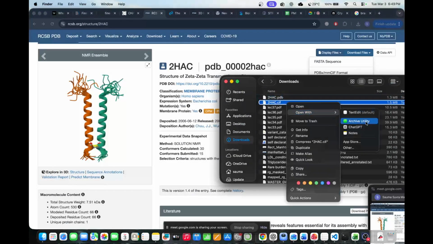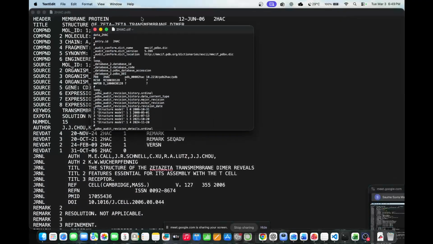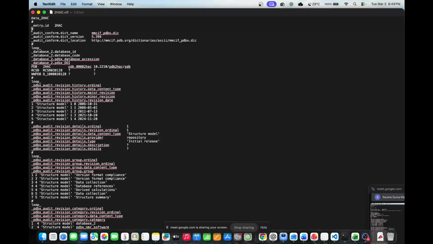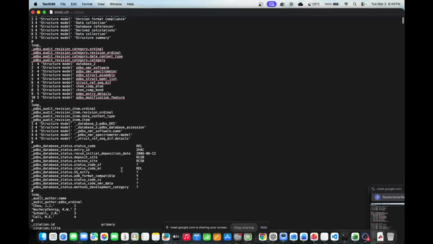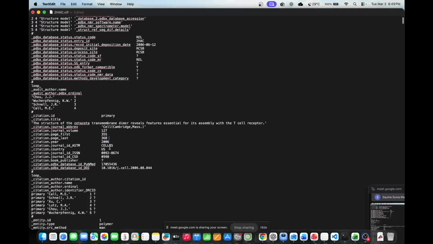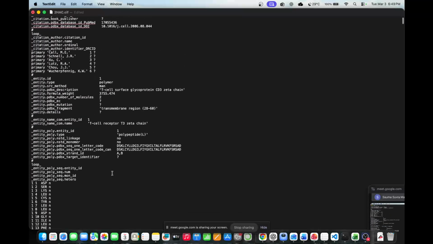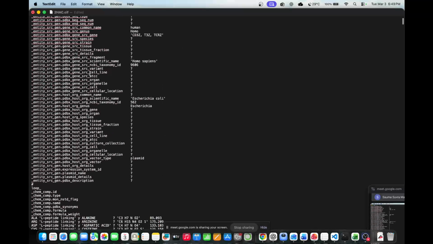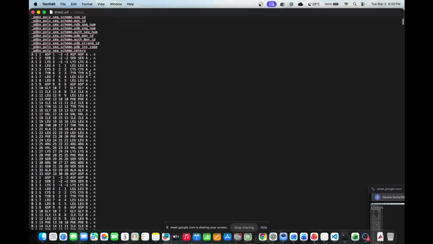If you go to this, the header and the comment sections are different. There is a different set of information that gives the whole name of the paper, the type of protein, etc. A lot of information is given here.